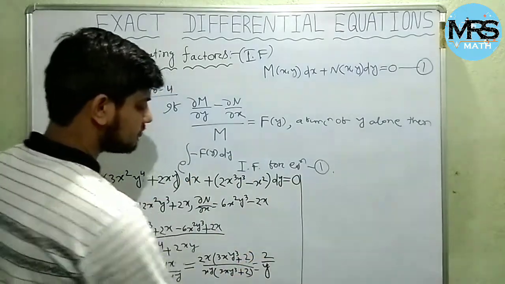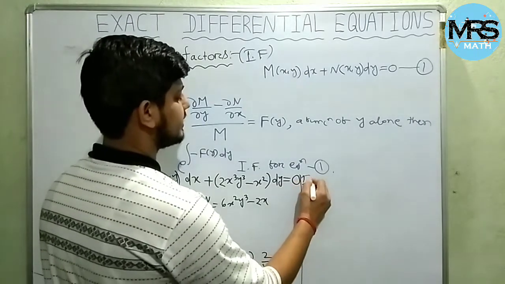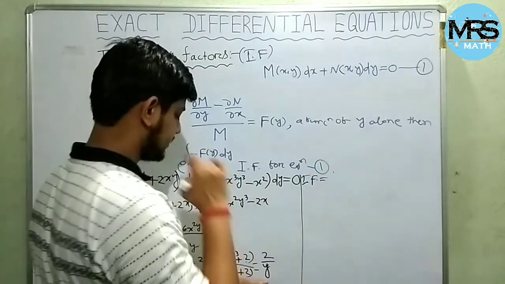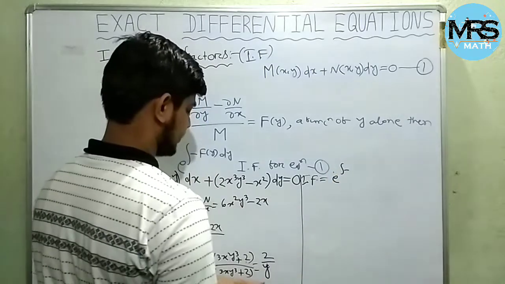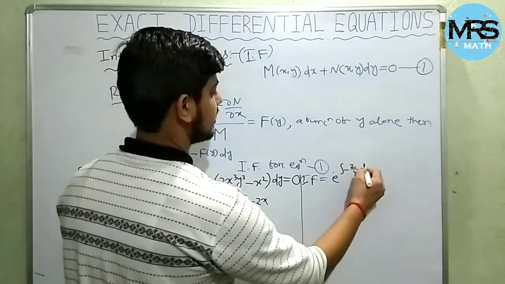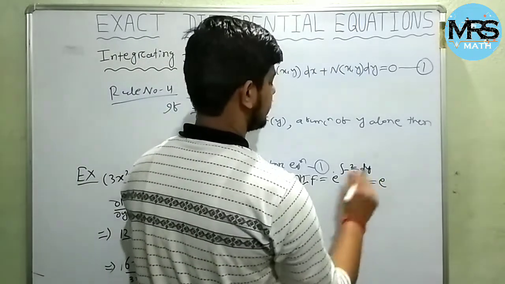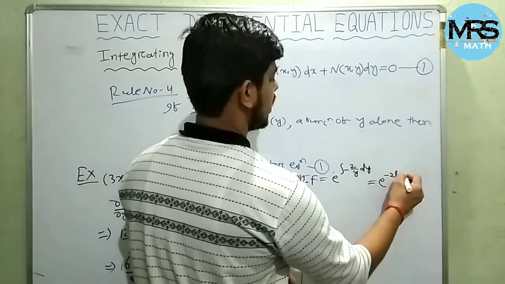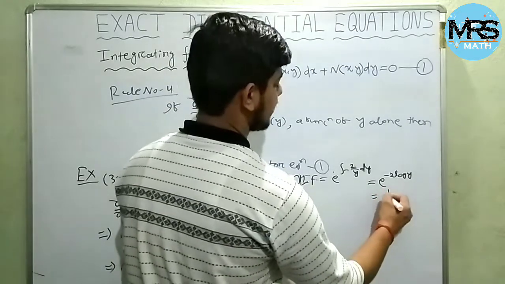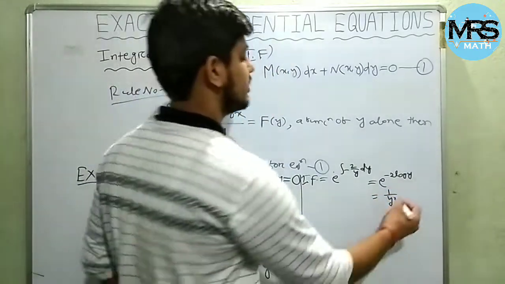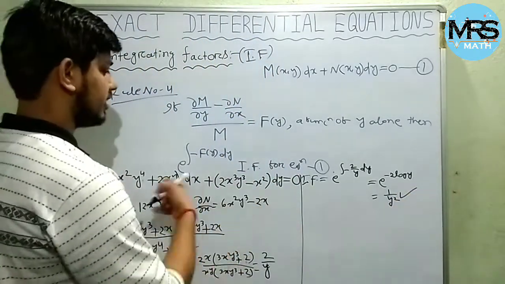So now we will calculate what is our integrating factor, right? That is e to the power minus integral of f of y dy, that is e to the power minus integral of 2 by y dy, correct? So it will become e to the power minus 2 log y, right? That means it will be 1 by y square. So this will be the integrating factor for this problem. Now we will multiply 1 by y square here, right?